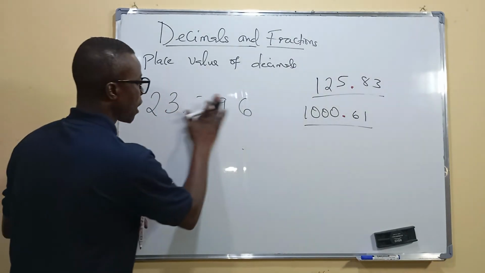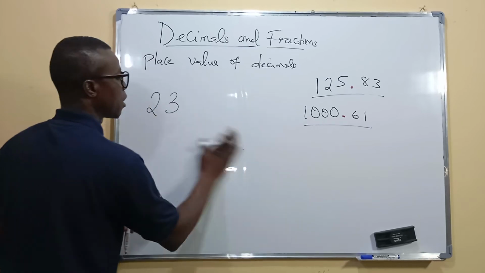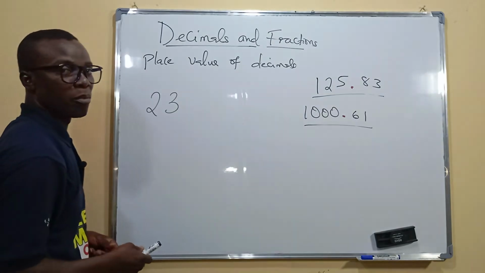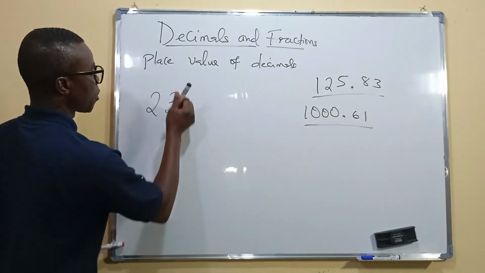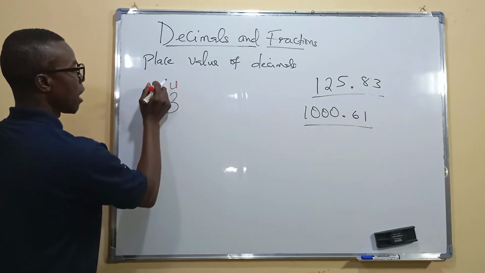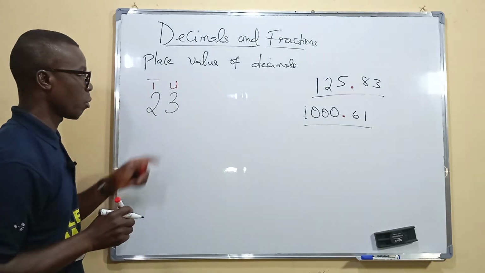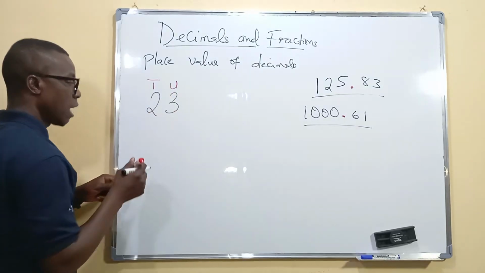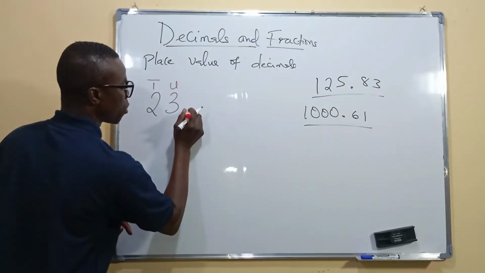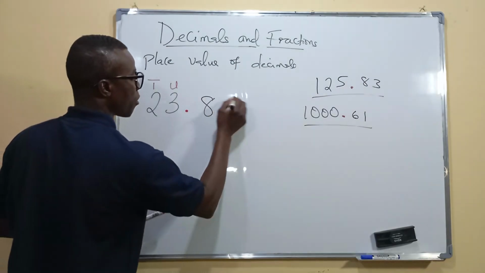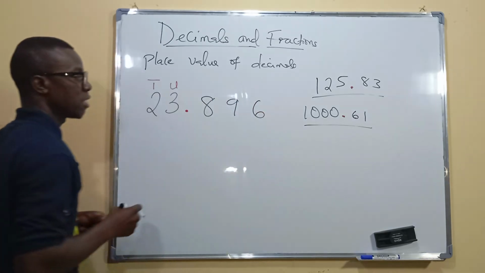So let us assume we are having 23. Now how do you identify the place value? You can see here will be the units, and then here will be tens. So we have 2 tens, 3 units. But then when we introduce the decimal point and then we have those digits, we have 8, 9, 6.